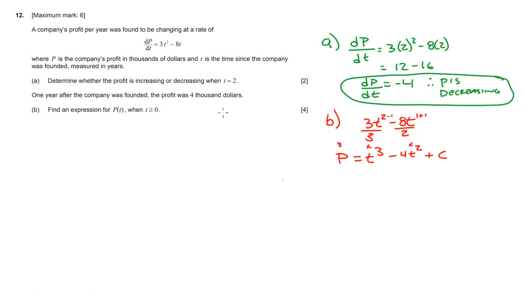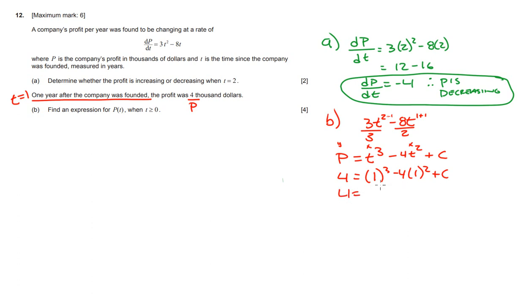We know that 1 year after the company was founded, t has to equal 1, and the profit was $4,000. So the 4 is going to have to be our P, which in this case is our y. So we do 4 equals, with time being 1, 1 cubed minus 4 times 1 squared plus c. We should now be able to figure out what our c is from that.